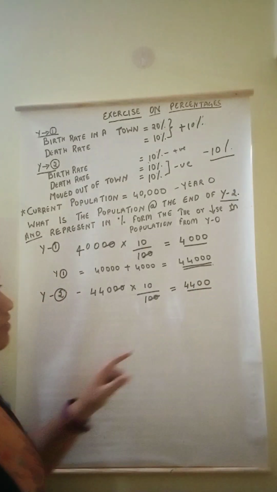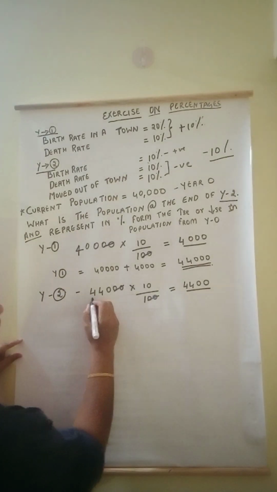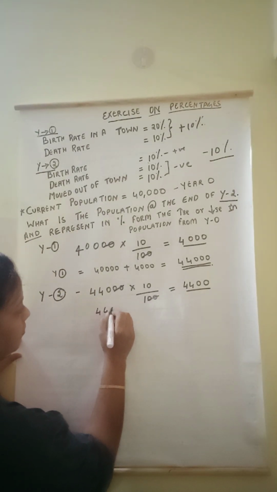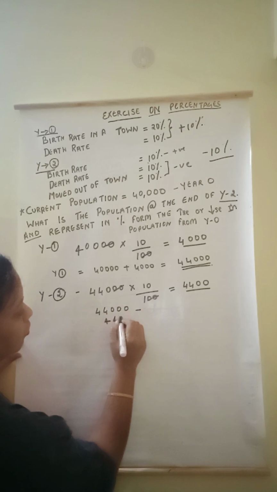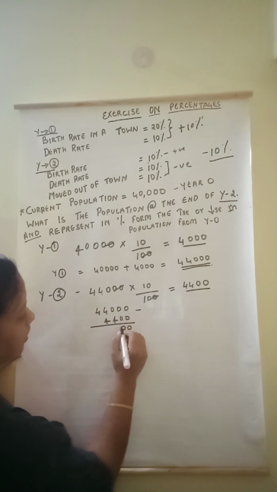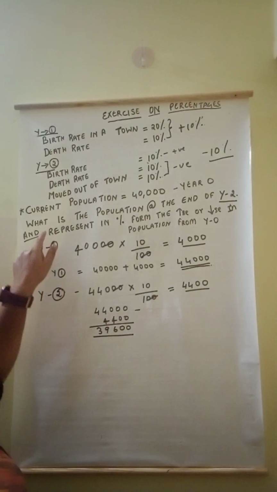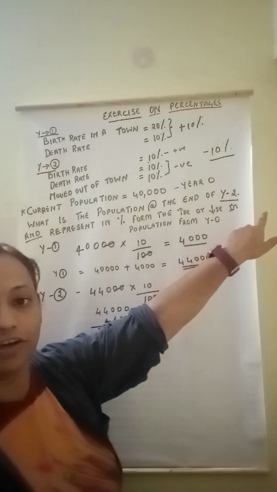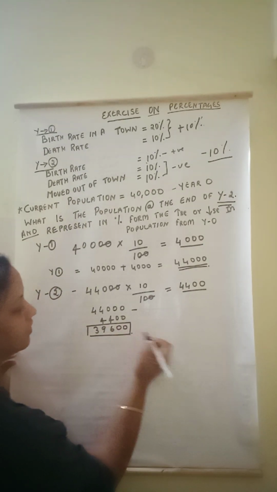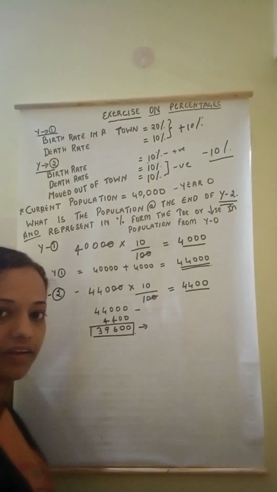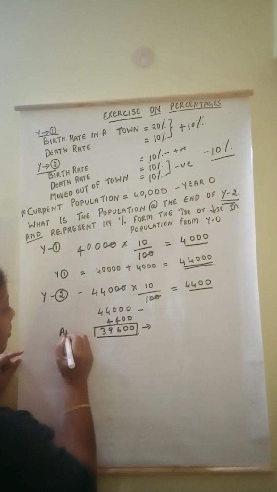So the population has dipped by 4,400 people. So how do you do that? From 44,000 we are dipping 4,400 people. So your question is, what is the population at the end of year 2? At the end of year 2, the population is 39,600. This many people are there in the town. I hope you are clear. So this is your answer 1.